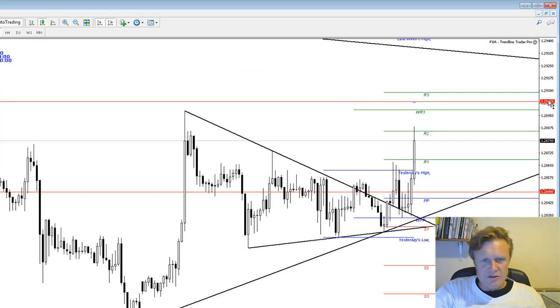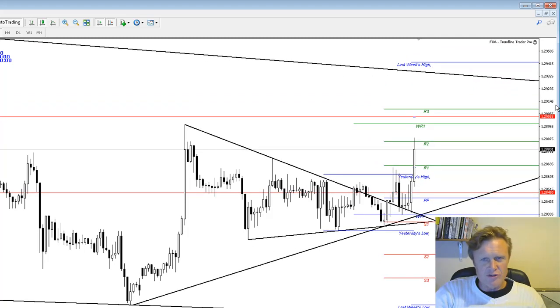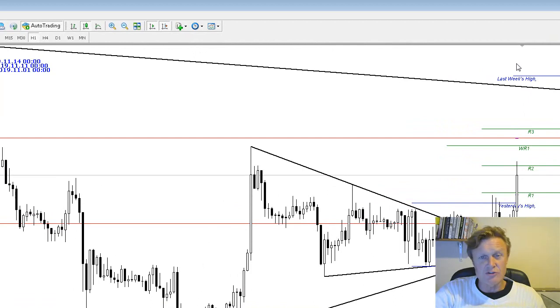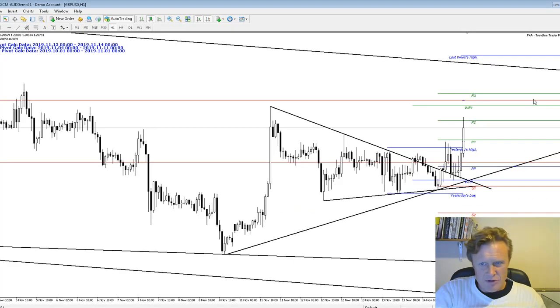If we look at the next areas of real resistance, we've got a big resistance level up here which also coincides with last week's high. That's being generated by our pivot system, the weekly pivots data. In the interim, we've got this level of previous price defined support and resistance, which is 129, also a magic or big number.